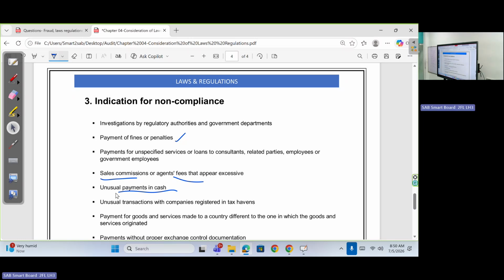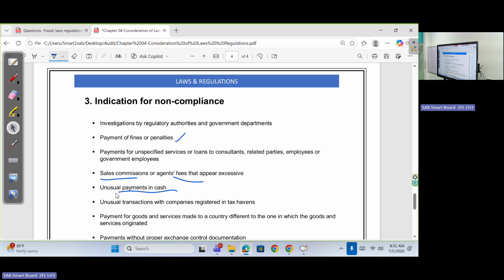If I pay by cash more than 500,000 to you, then I can't claim it. So I will face some disadvantage. For more than 500,000, if you pay by cash, you can't claim that expense as a deductible expense. The bank automatically captures it.